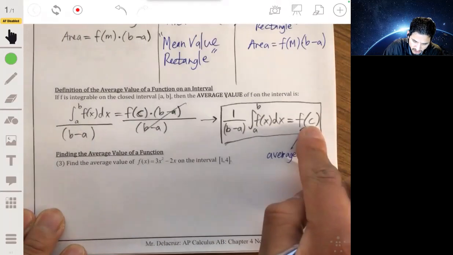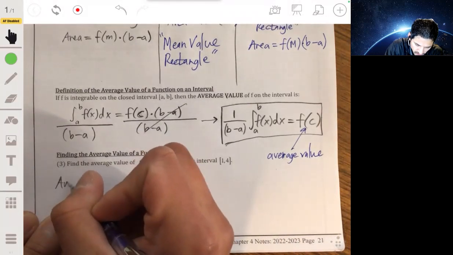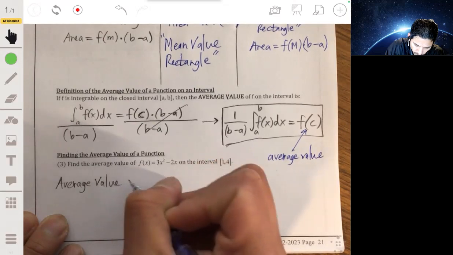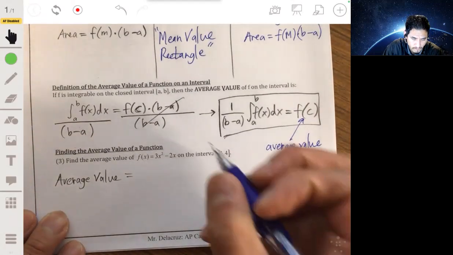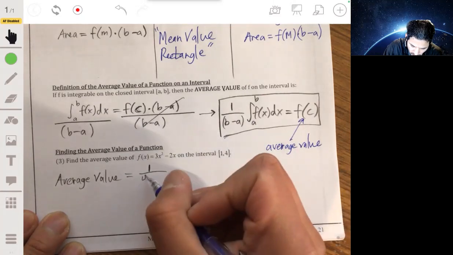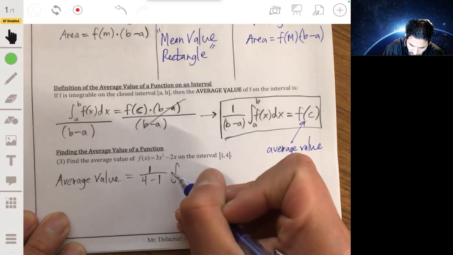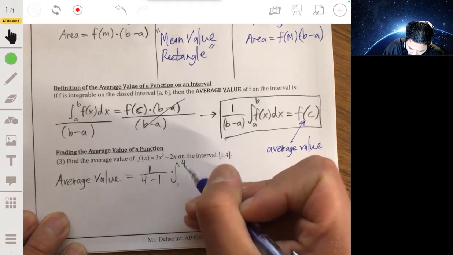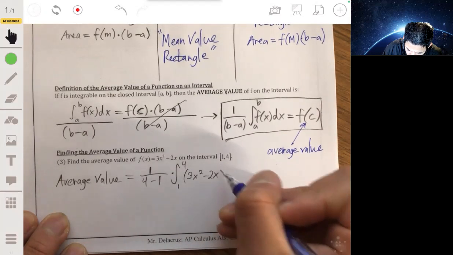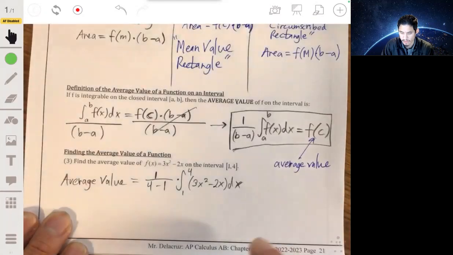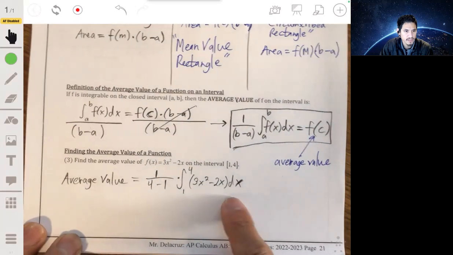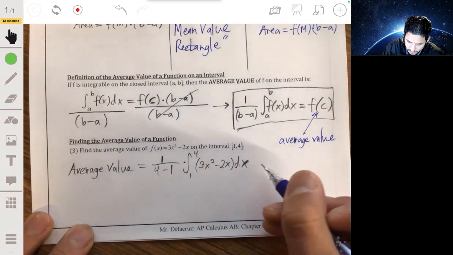The average value will be equal to 1 over b minus a, 1 over 4 minus 1, times the integral from 1 to 4 of 3x squared minus 2x dx. So you're just going to evaluate this.